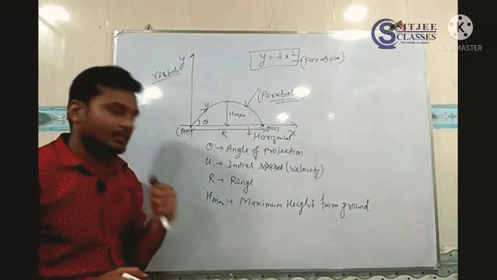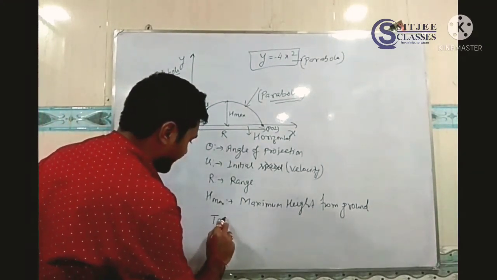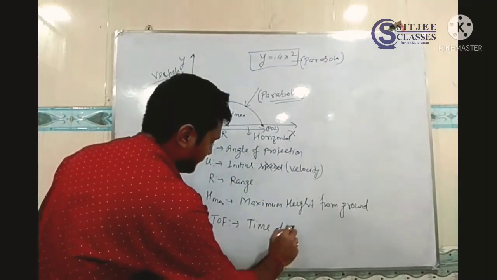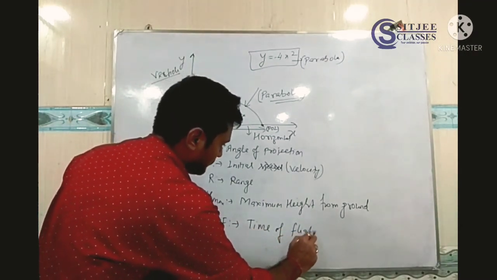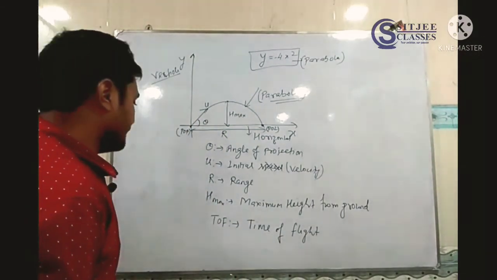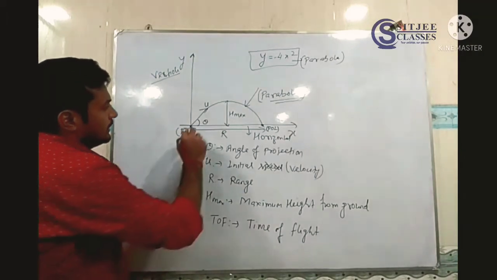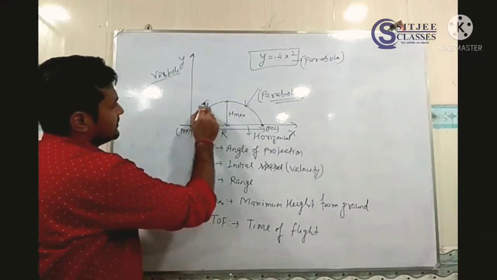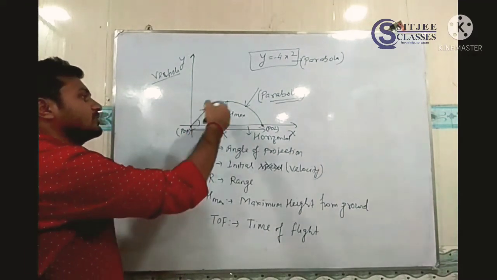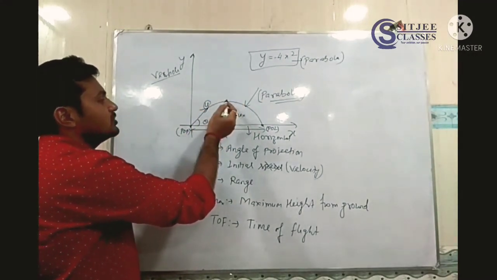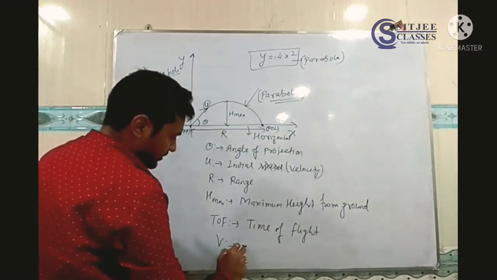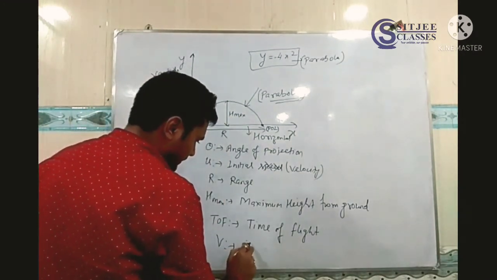This time is called the time of flight. Next important part: you have projected this object with speed u, the initial velocity. But as this projectile moves, this velocity keeps on changing. So we have to calculate v, and v in general is called velocity or final velocity.